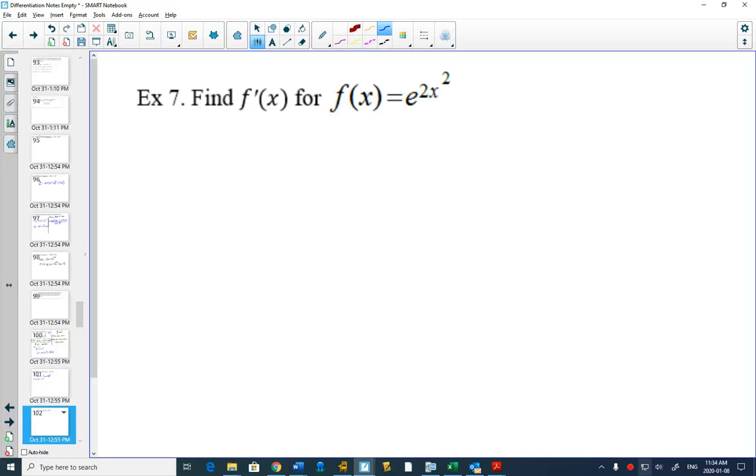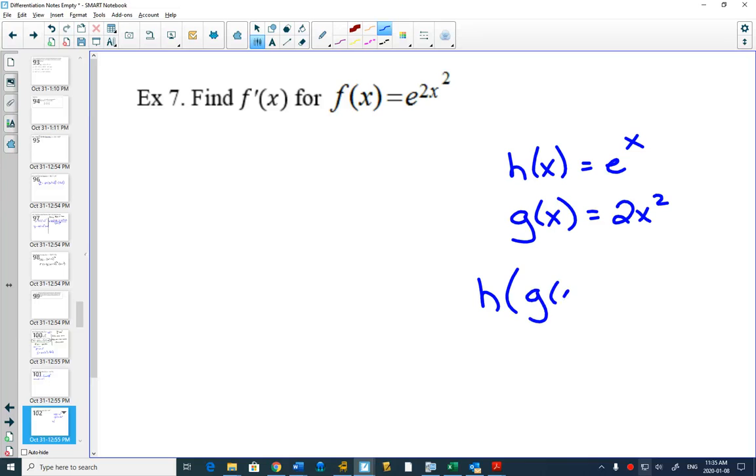Just plain with notations. If I called h of x e to the x, and I called g of x 2x squared, does it make sense that g of x is inside of h of x?